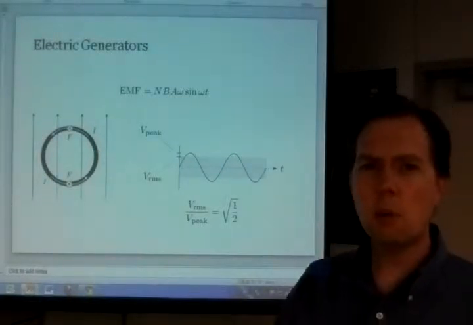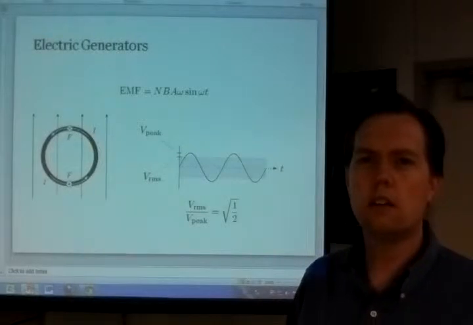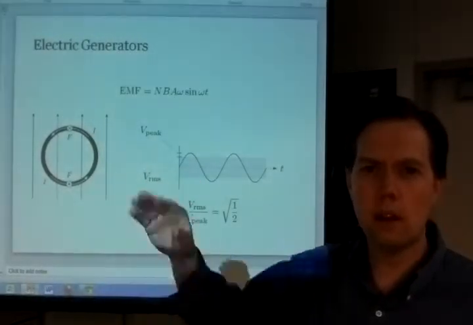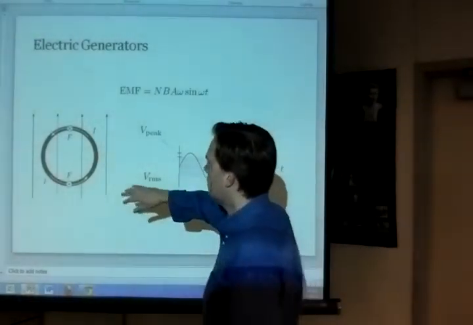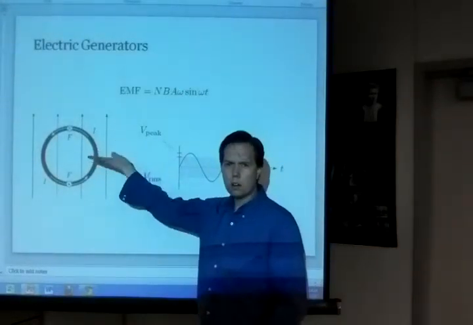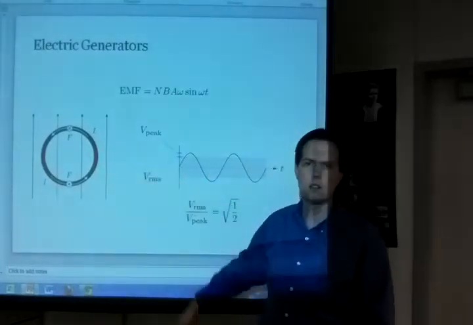Now, because of the way the ring spins like that, there's essentially a sine wave associated with that, because the magnetic flux is going up, down, up, down. The magnetic flux starts at 0 in this picture, goes to a maximum, goes back to 0, goes to a negative, goes to 0, etc., and cycles, right?